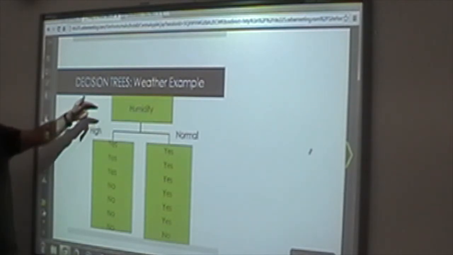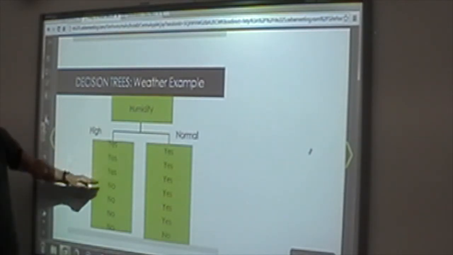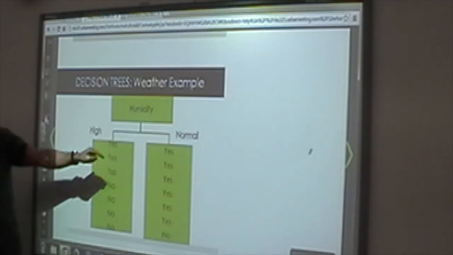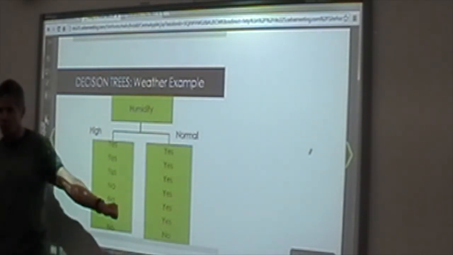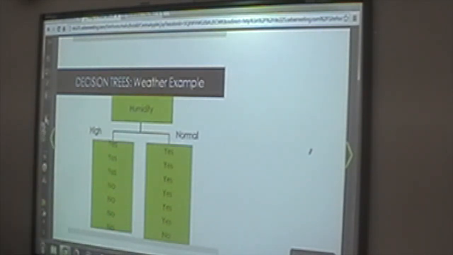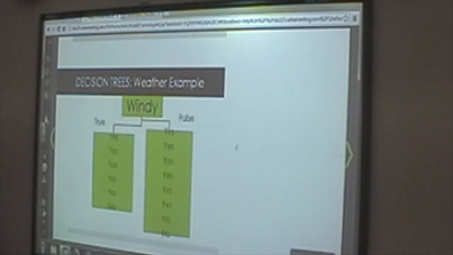Here we have humidity. High is split 3 and 4. Normal is split 6 and 1. And the final one is windy, true or false.